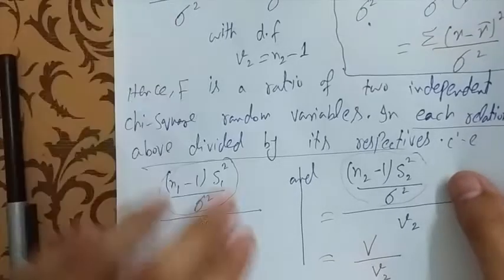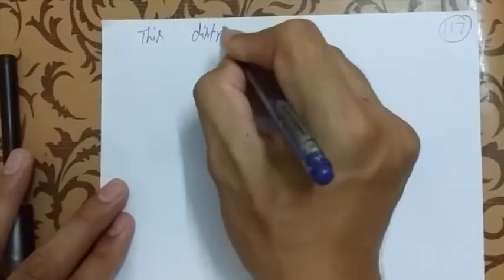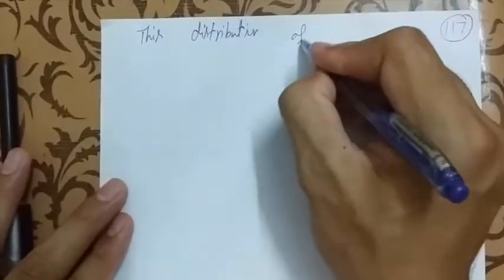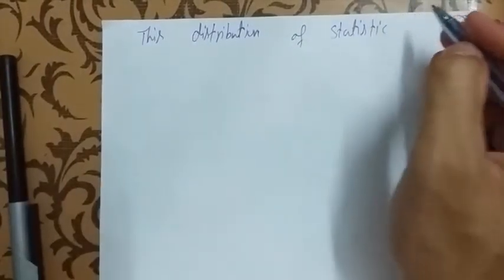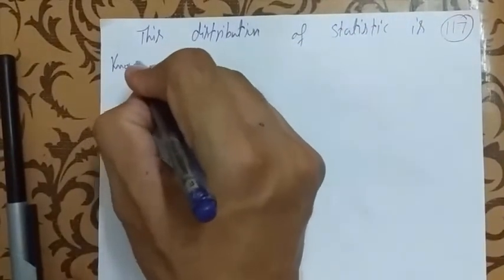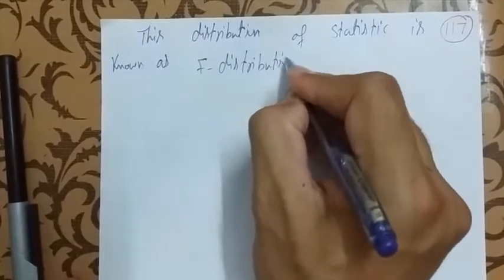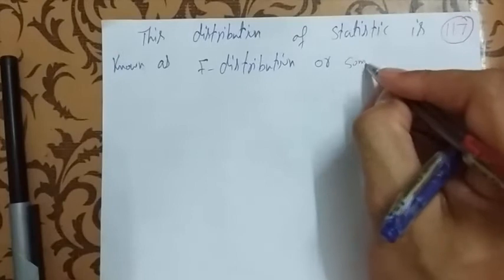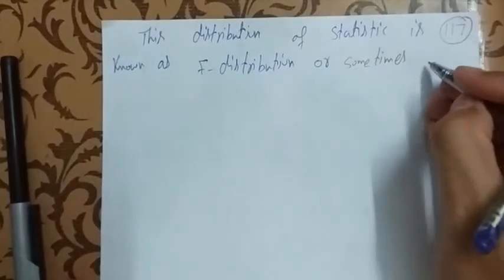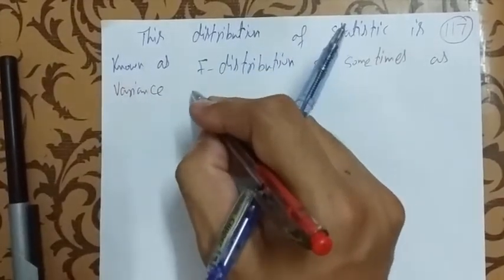This distribution, dear students, this distribution of the statistic is known as the F distribution, or sometimes as the variance ratio distribution.